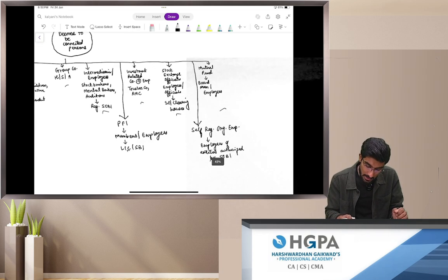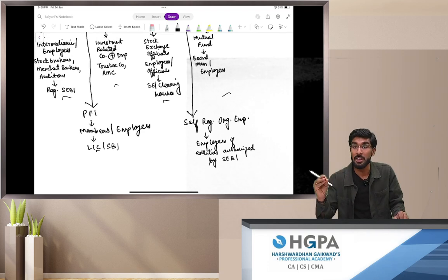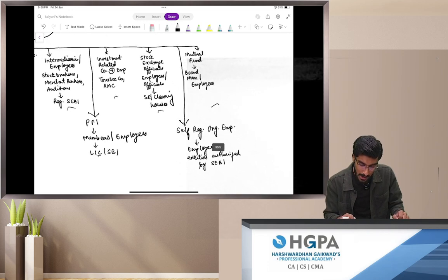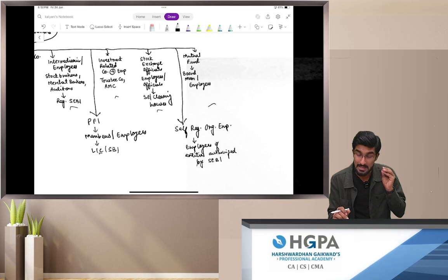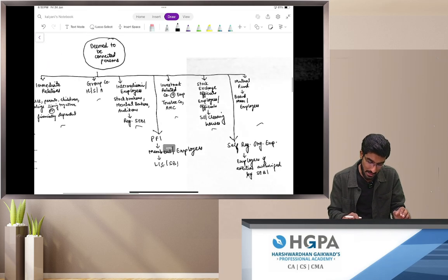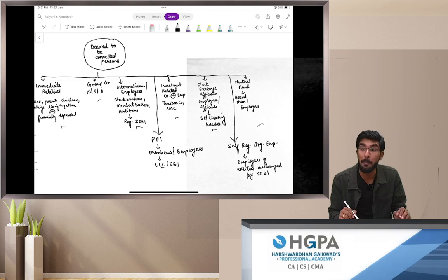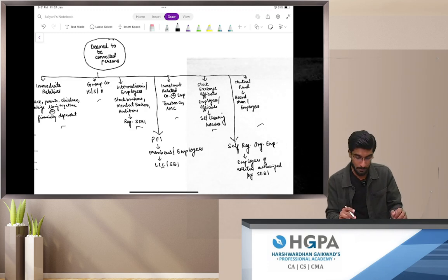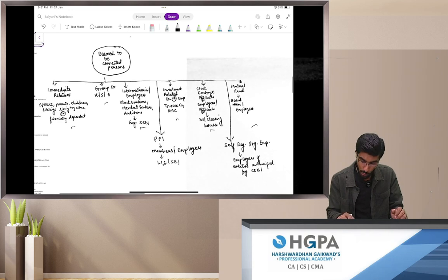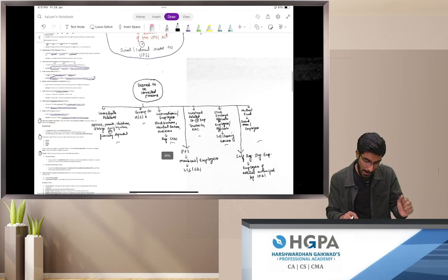Then stock exchange officials, employees or officials, where stock exchange or clearing houses employees or directors will come into picture. And the last 2 are mutual fund and self-regulatory organization employees. Okay, you can take a quick screenshot. I said portfolio somewhere, but that is public financial institution, not portfolio. Take a quick screenshot. 5, 4, 3, 2, 1, bang.